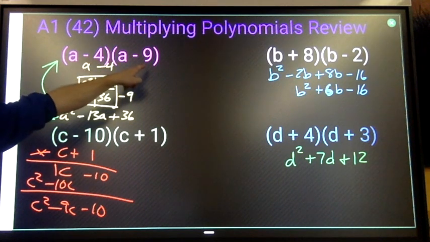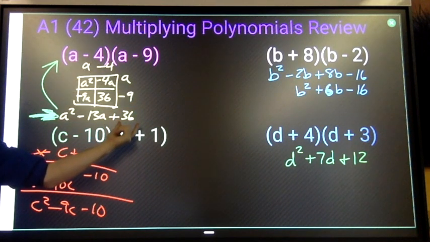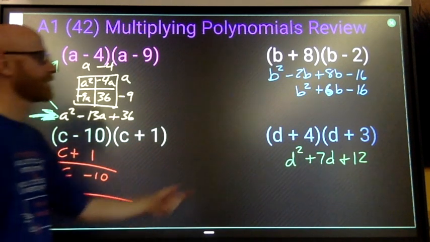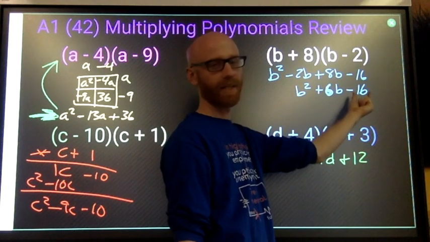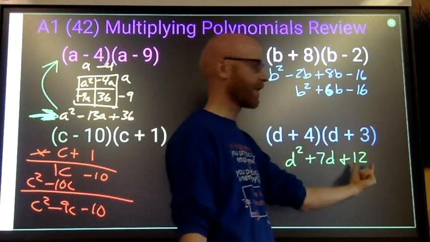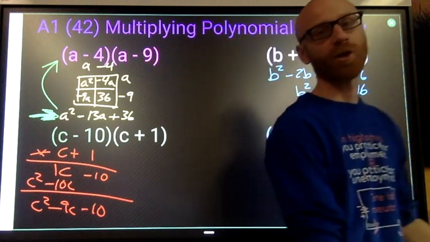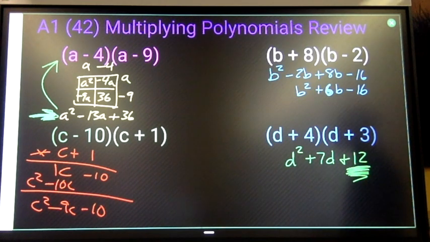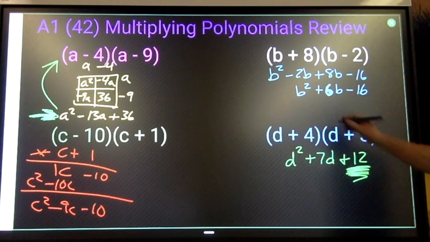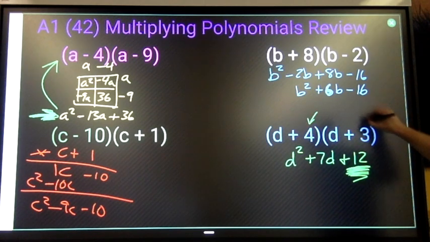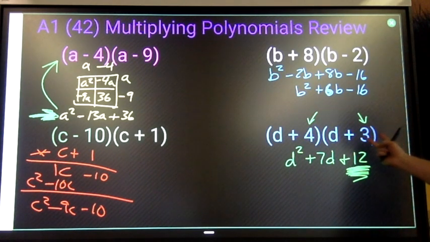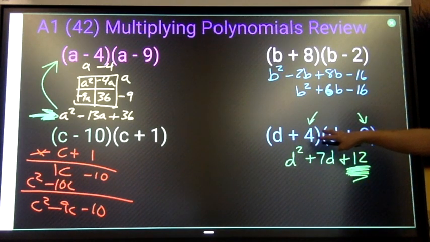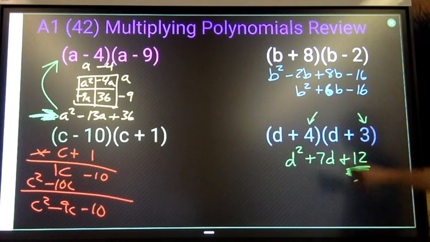Negative 4 times negative 9 is 36. Negative 10 times 1 is negative 10. 8 times negative 2 is negative 16. 4 times 3 is 12. So one thing that you're going to know as soon as you start is that this last number in a polynomial, its factors end up being the numbers in your factored form. 4 times 3 is 12.